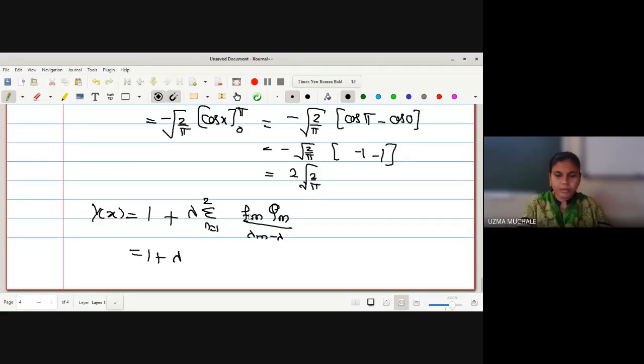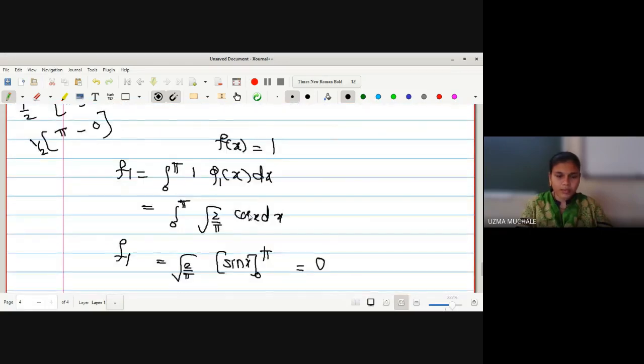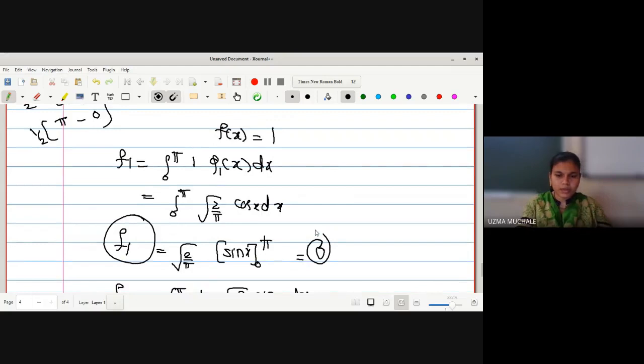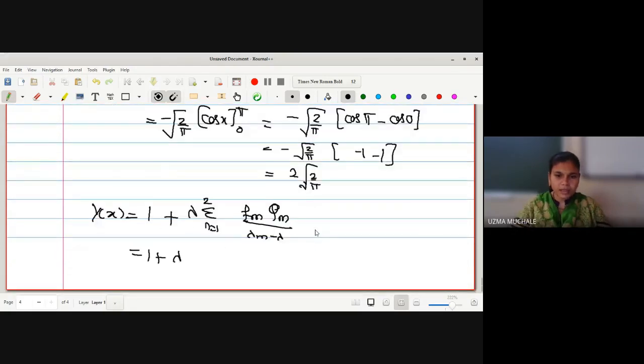The first term will be 0 since f1 is 0. We have calculated the value of f1, that is 0. So the first term will be 0. Let me write down the second term directly. The value of f2 we have calculated is 2 root 2 upon pi. The value of phi 2 we have calculated is root 2 by pi sin x, divided by lambda m minus lambda.